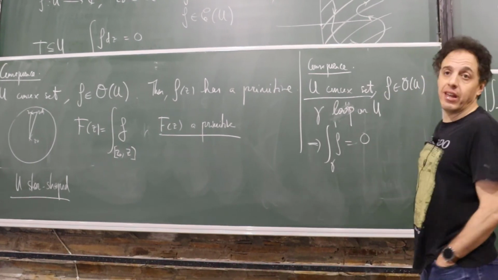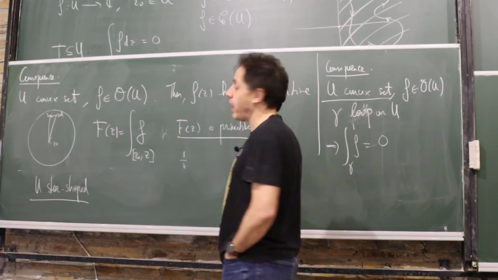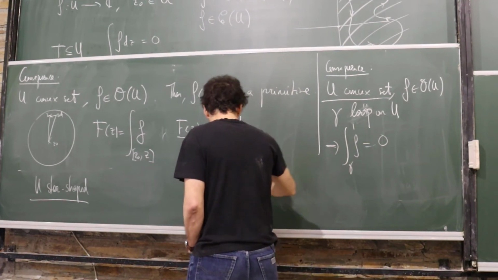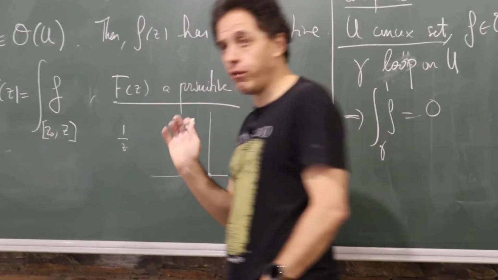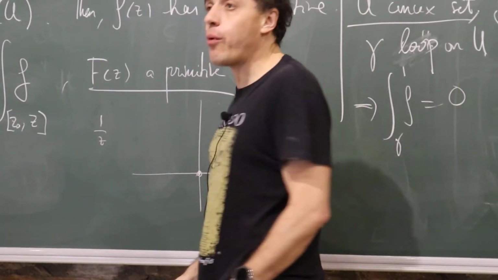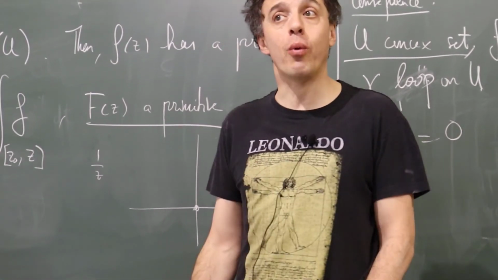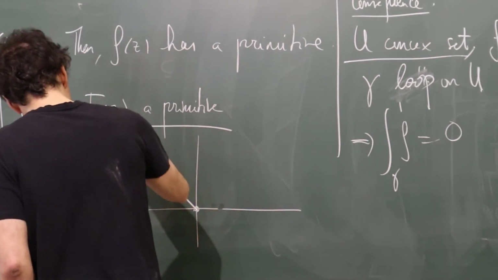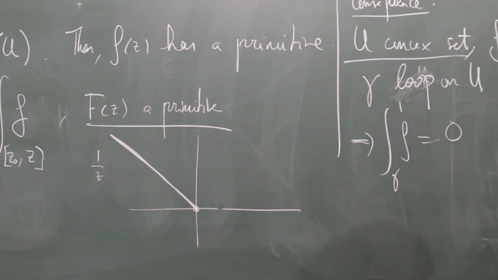Considering again the example of 1 over z, another example of a star-shaped domain could be a slightly bigger domain as the following. Remove the origin, and remove any ray from the origin.